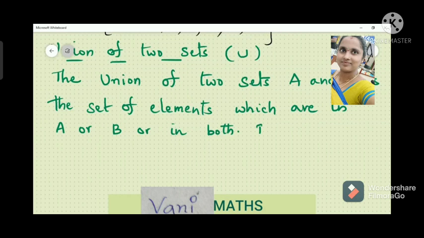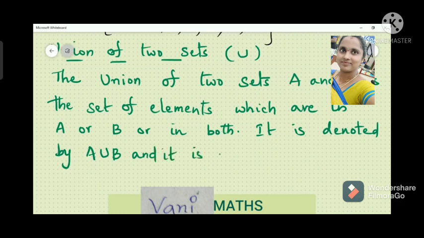It is denoted by the cup symbol, and it is read as A union B. That's all. So this is about union.